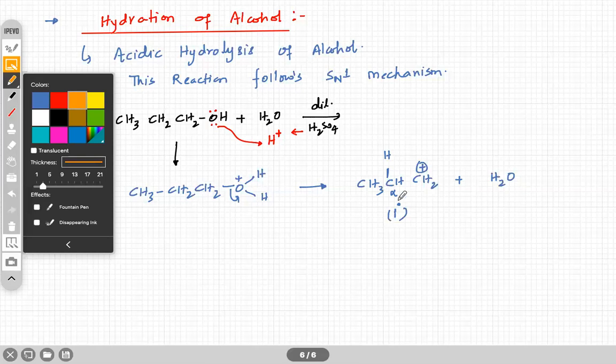So these hydrogen atoms, since we have hydrogen here, I'm talking about hydrogen, it takes the electron pair, the sigma electron, and it migrates itself onto this carbon atom. This is migration here. It takes the electron and it shifts onto this carbon atom. This we call a 1,2 hydride shift.